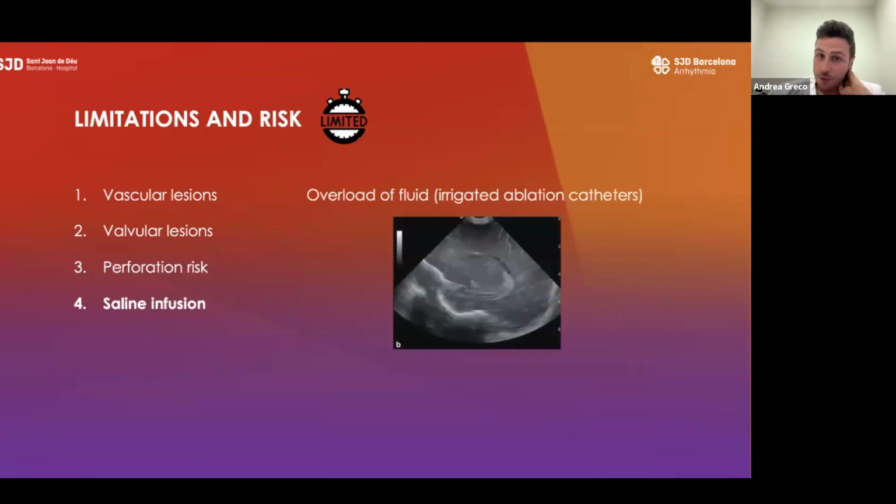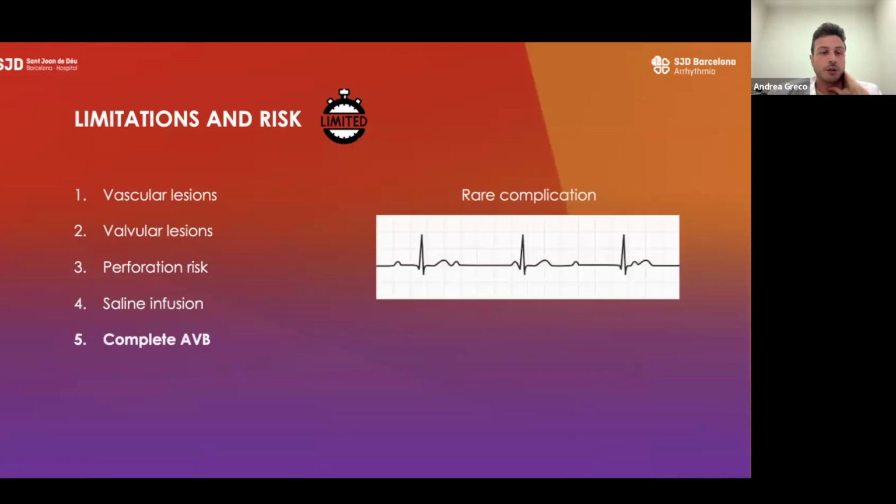Fourth, the saline infusion used for the irrigation of the ablation catheter could cause an overload of fluid, above all during long EP studies and ablations, with a consecutive cerebral edema. So we have to reduce the infusion flow during these procedures.